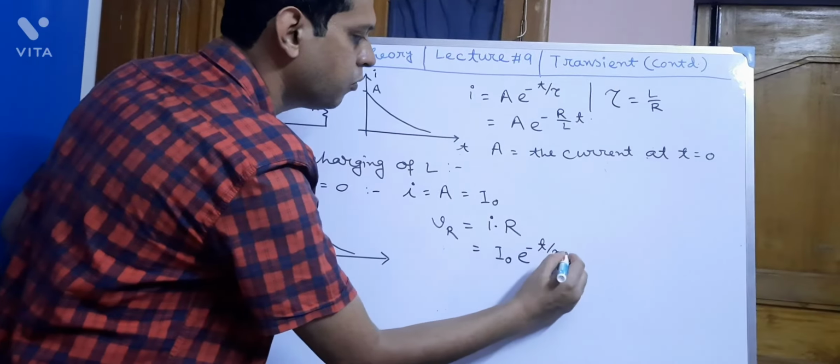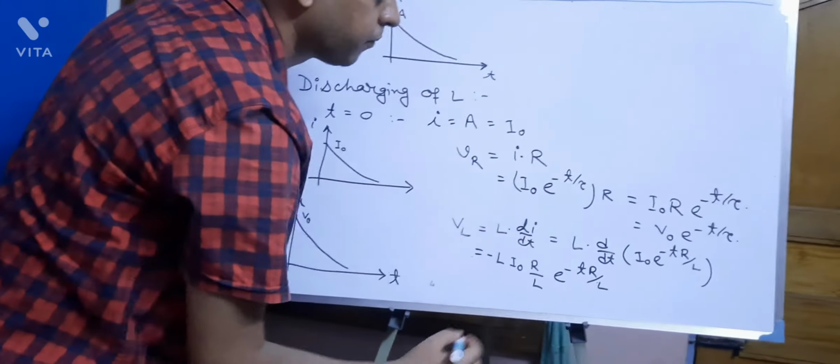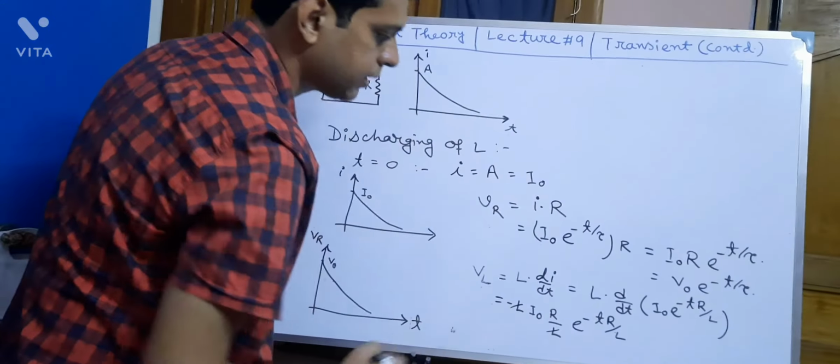So d dt of I0 e to the power minus t by tau, with tau being L by R, gives L into I0 into minus R by L e to the power minus Rt by L. So L and L will be cancelled out.